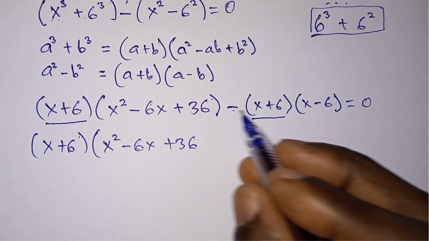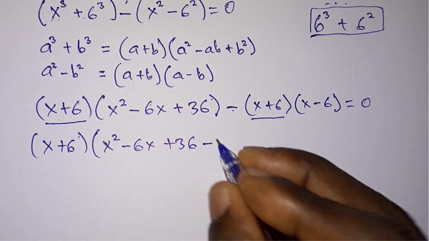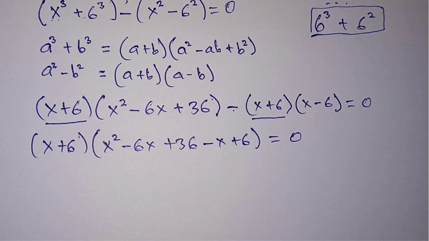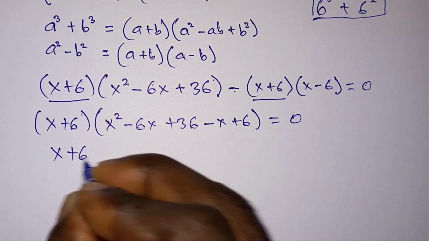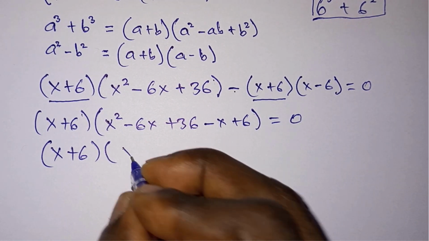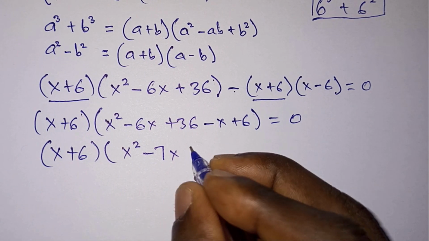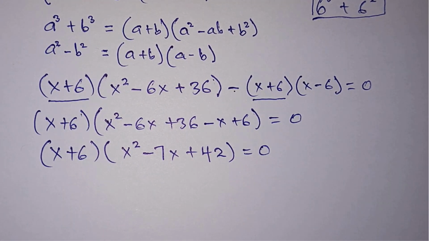Let's multiply this negative by this factor here. So you have minus x plus 6, and this is equal to 0. Now from here, we can simplify this further. We have x to the second power minus 7x plus 42 is equal to 0.